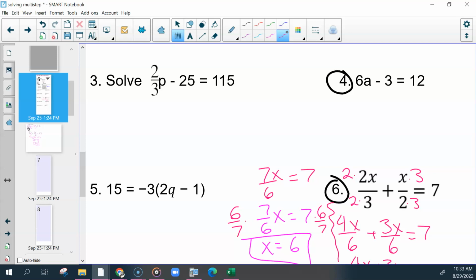We do the inverse, so what would you do to the negative 3? Add it. I'm going to add it to both sides.